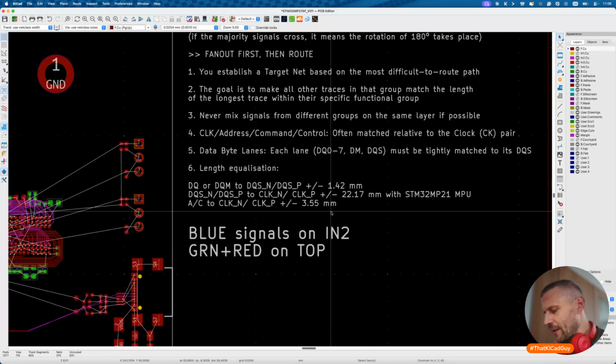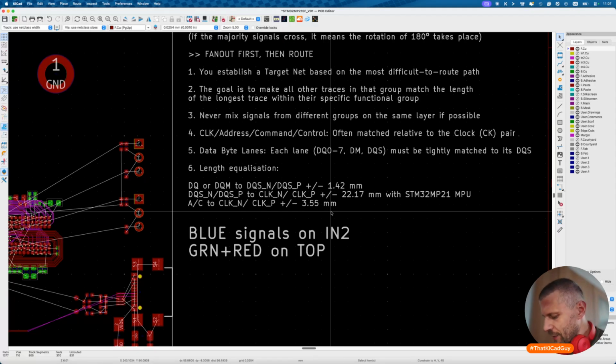So if I take group 1, which is the lower byte, I should make a note on the screen, but I am writing it by pen, so please forgive me. Group 1, the lower byte, must be plus minus 22 to clock, and group 2, again, plus minus 22 to clock as well.